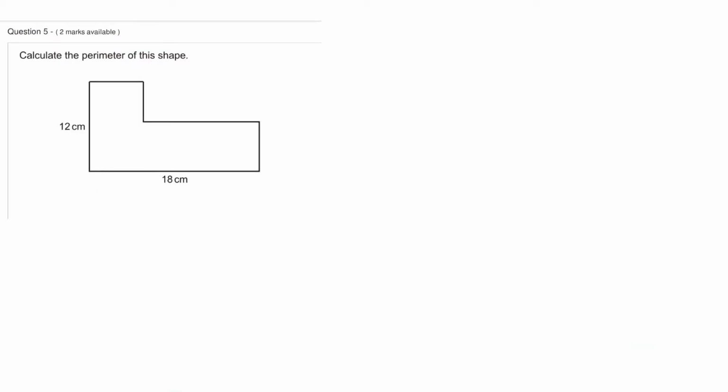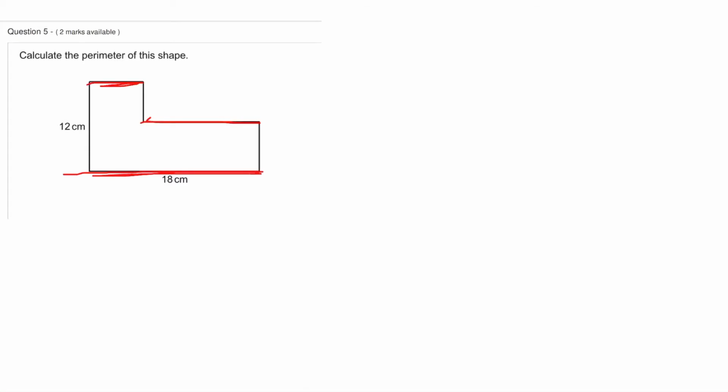Now moving on to question 5. You are given this shape and you are asked to find the perimeter of this shape. So without finding all the extra lengths, so we've got a few sides that we don't know, but we can use what we know about perimeter. So for instance, if this side is 18 centimeters, then this, add this, must also be 18 centimeters.